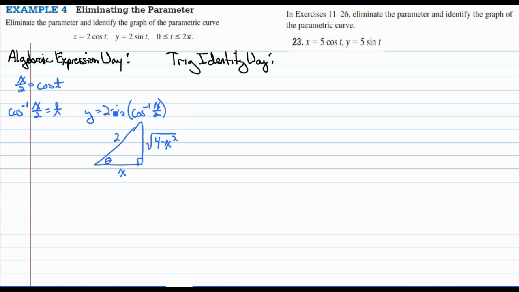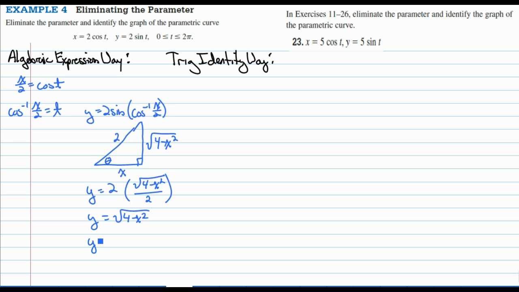That means the sine of theta is opposite over hypotenuse, so y would equal 2 times the square root of 4 minus x squared, all over 2. The 2's would cancel out.